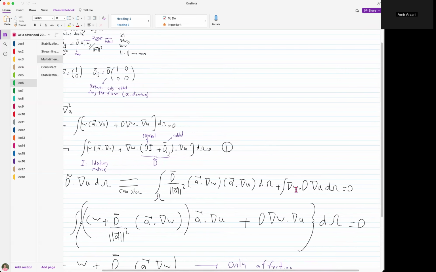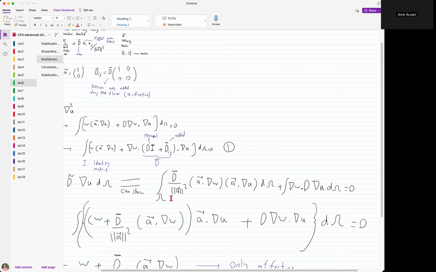My integral will look like the exact term I had before, the physical diffusion coefficient, grad W dot D grad U, the term we previously had in our Galerkin FEM, plus this extra term that involves d bar, the free parameter for how much diffusion I want to add, divided by the norm of A, the norm of velocity squared, times A dot grad W. This is like an advection term, but applied on the weight function, times my regular advection term, A dot grad U. This is going to be my new term that pops up.